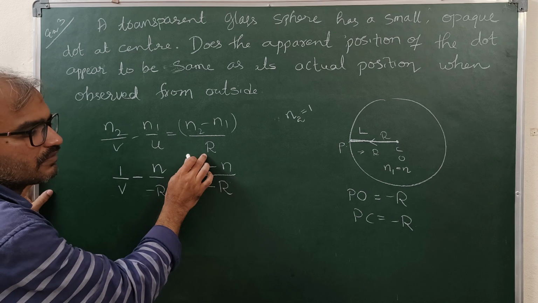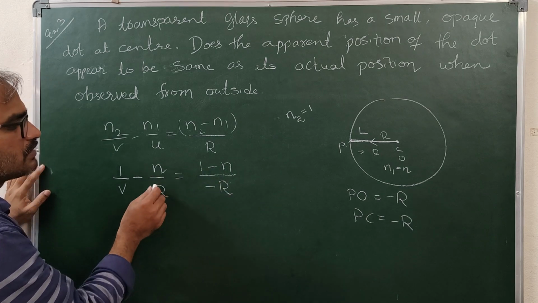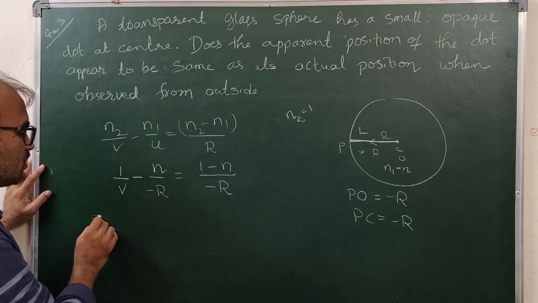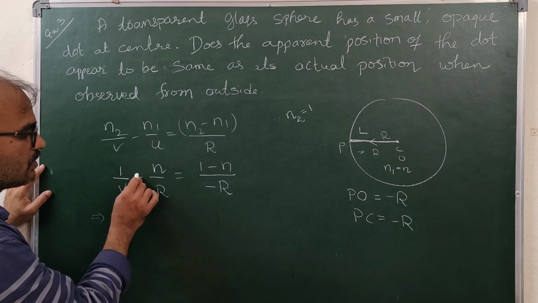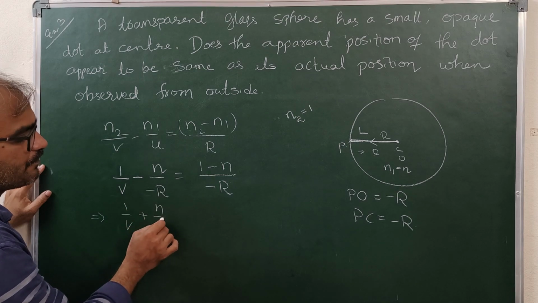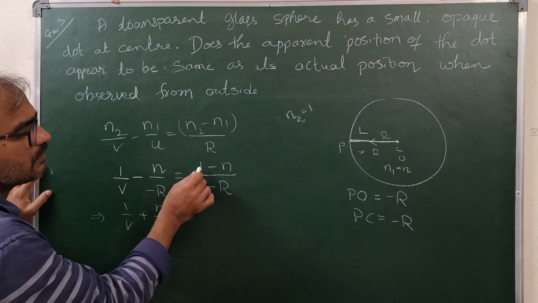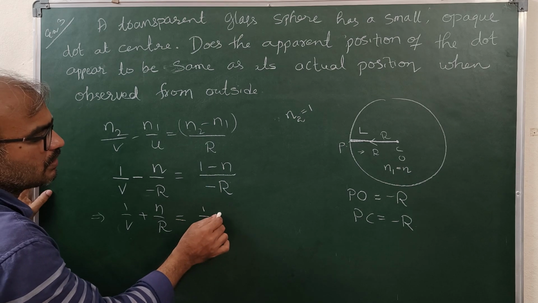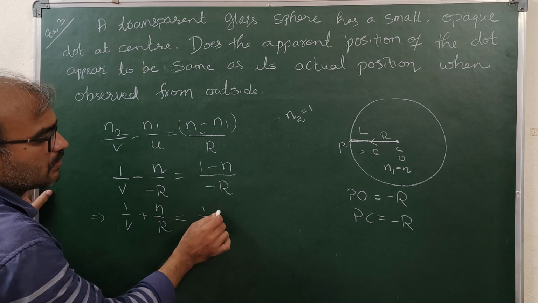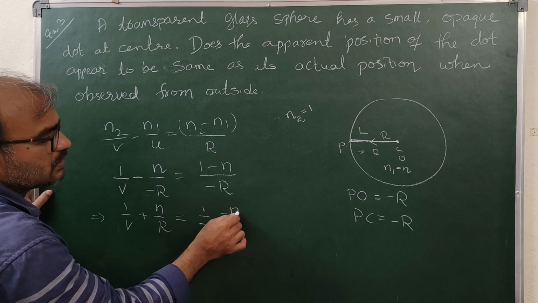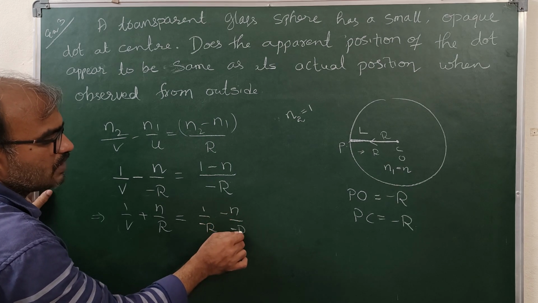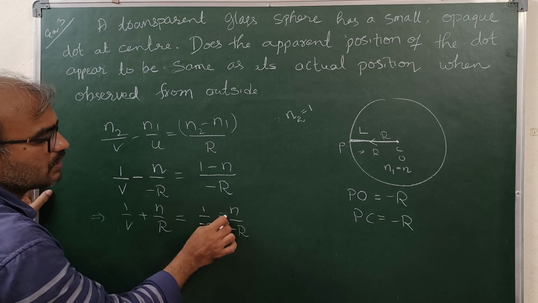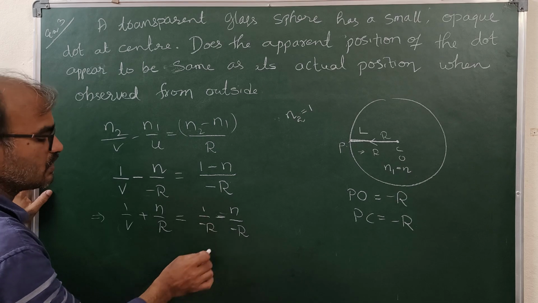The radius of curvature is minus R. The object distance is also minus R. This implies 1 by V plus N by R is equal to 1 by minus R minus N by minus R, right? So minus minus will become plus.